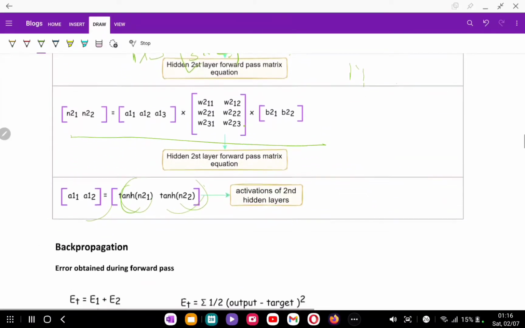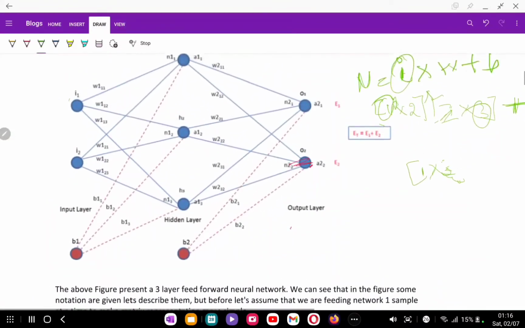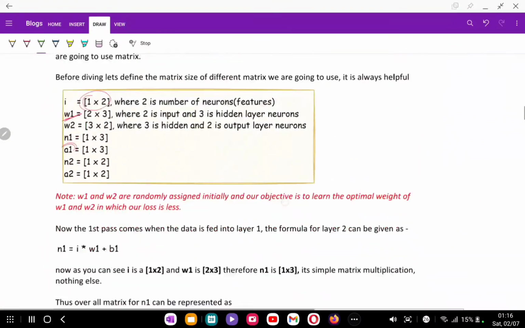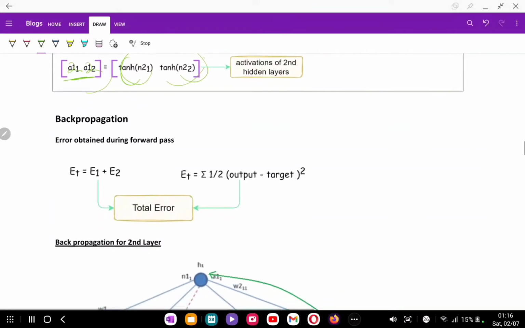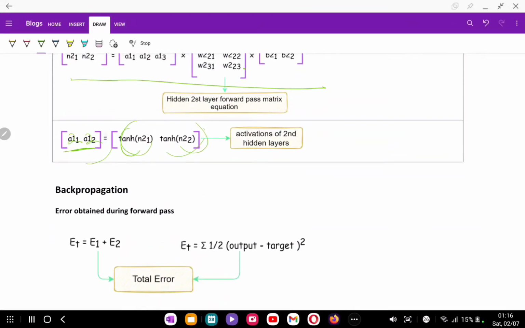There's a typo here actually. This should be A21, A22. Okay, and this is how your final A21 and A22 will look. So now this is our forward propagation.